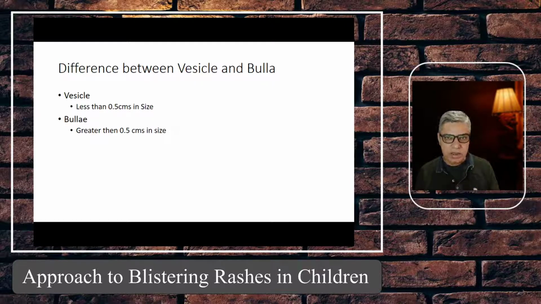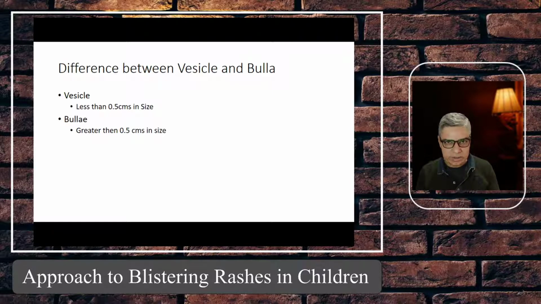Now, again, they are further divided into two types. One is vesicle and the other is bulla. If the clear fluid containing lesion on the skin measures less than 0.5 centimeter, then we call it a vesicle. If it is more than 0.5 centimeters, we call it a bulla. So they are the same thing.